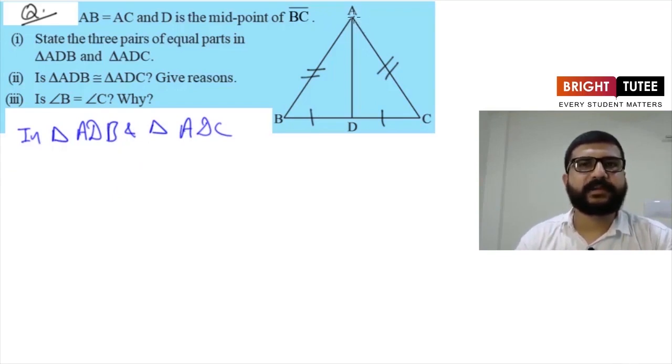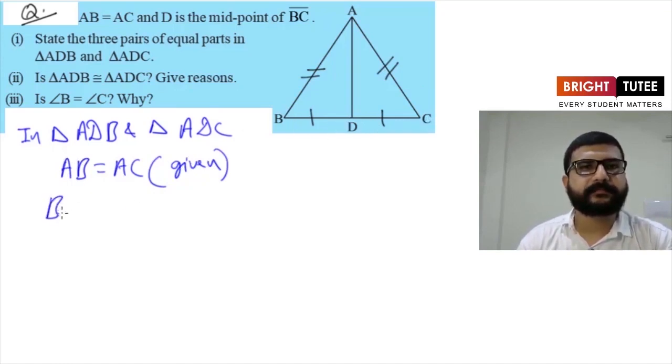We are having AB is equal to AC. You can write it here, AB is equal to AC, and it is given in the question. So we will write given in the bracket. And then we have BD is equal to CD. In the reason we can write D is midpoint of BC.